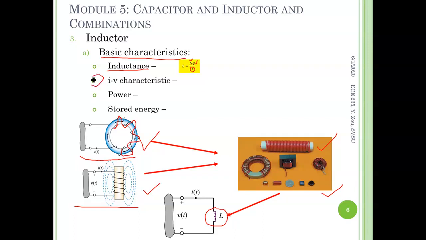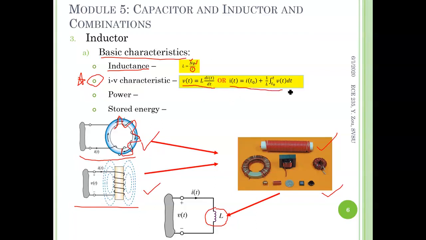Next, again, a very, very important IV characteristic. We also have both ways, which are equivalent to each other. The voltage across the inductor is equal to the inductance times the derivative of the current with respect to time.